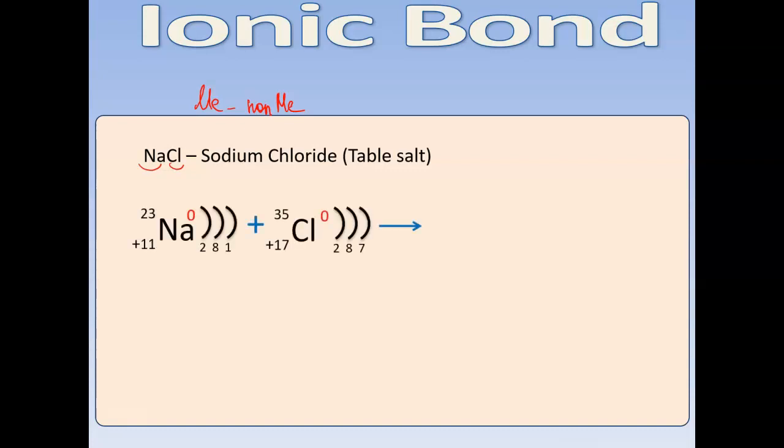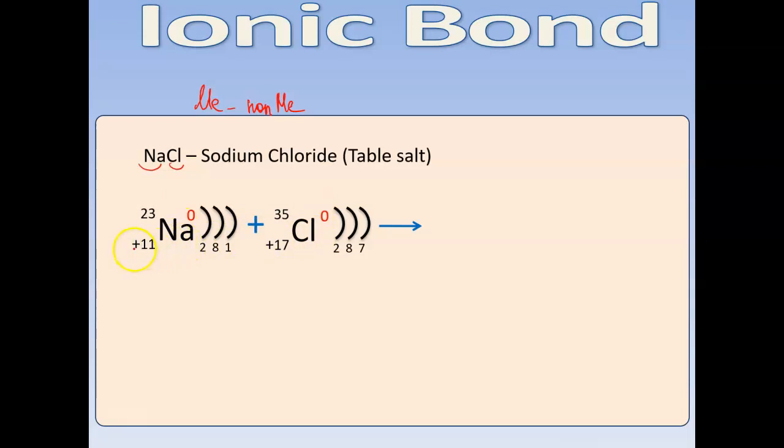So, how is an ionic bond formed? You can see here there is a picture which shows us the electron configuration of sodium and chlorine. And you can see here the red 0, that means that sodium and chlorine here are atoms, because atoms are neutral, right?